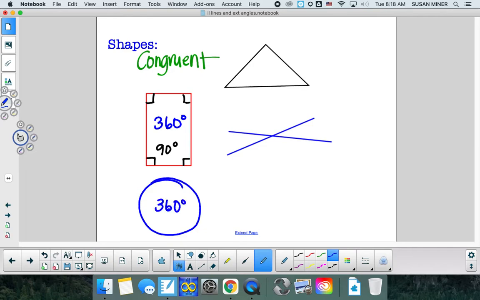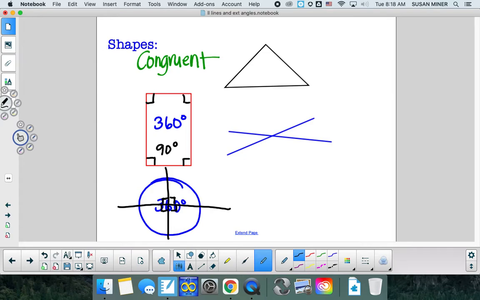That's why when somebody spins all the way around, if they do a trick on their snowboard or their skis or skateboard, they call it a 360, right? They spin all the way around because a circle is 360 degrees. And why is that the case? Because there are essentially four 90-degree angles in a circle.